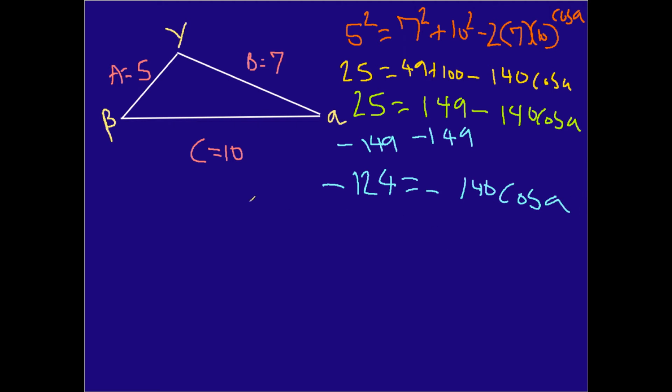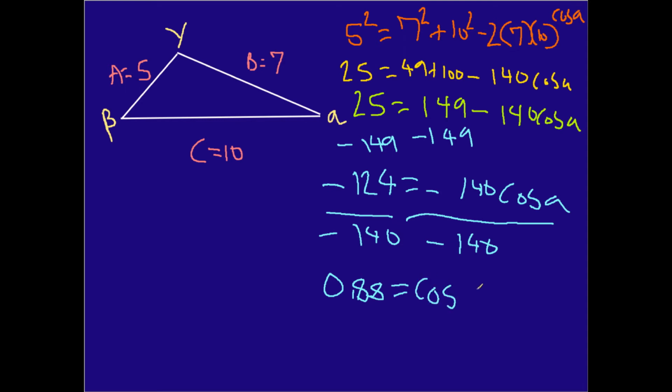Now we divide both sides by 140. Like so. And we are left with, negative divided by negative is a positive, and it's actually going to be 0.88 equals cosine alpha. We're very, very close now.